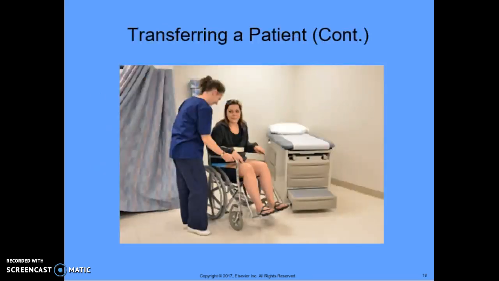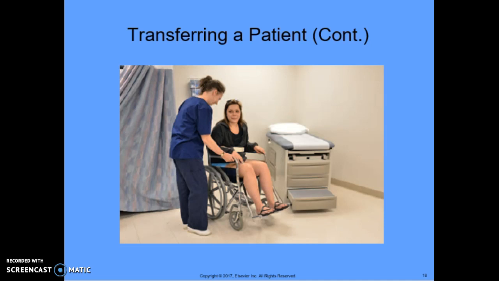You'll notice in this, she's transferring the patient utilizing the wheelchair. And it's important in this figure to note that the wheelchair is at a 45-degree angle at the end of the examination table. So how do you move a patient in a wheelchair? If the patient is in a wheelchair, you move the chair close to the examination table.